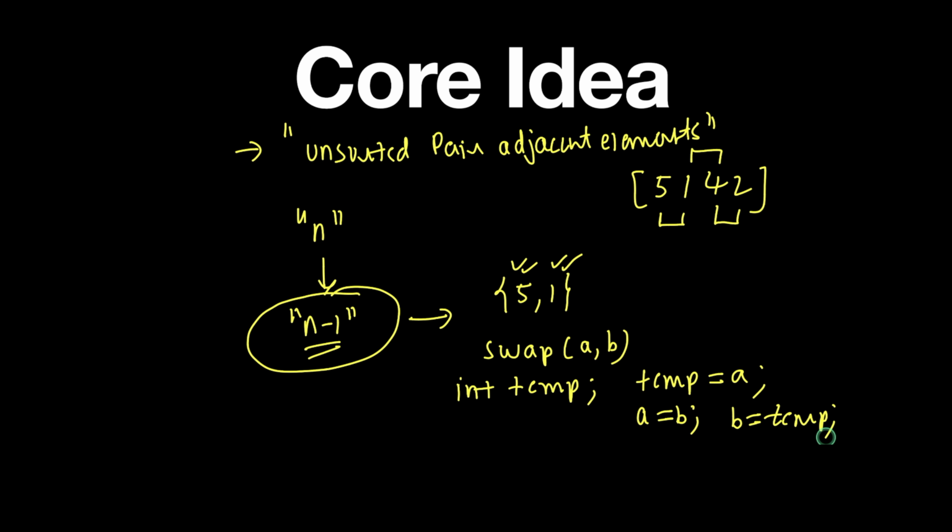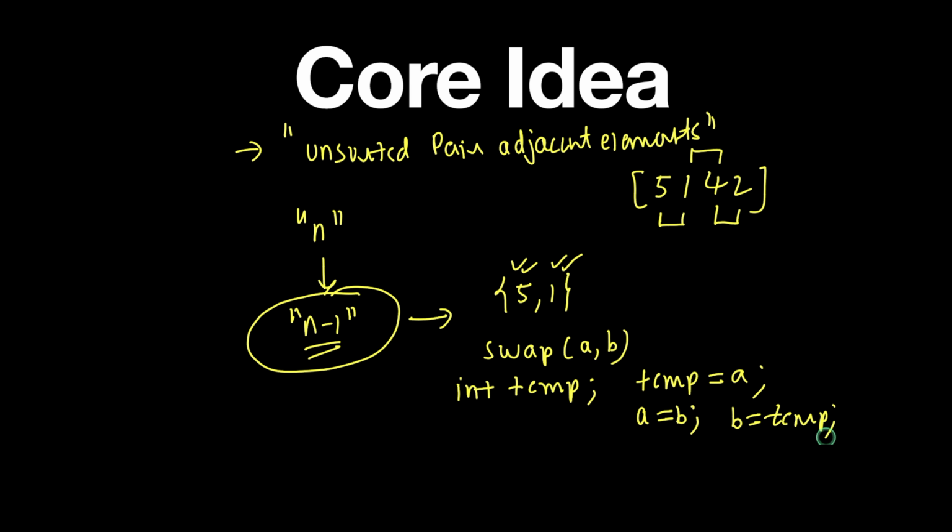The idea still remains that if we find any pair that is in violation of the order, we will swap it and we will ensure that the order is retained. So we do this at every stage of the algorithm. We find the unsorted pairs, we compare them, and we restore the order if it is required.